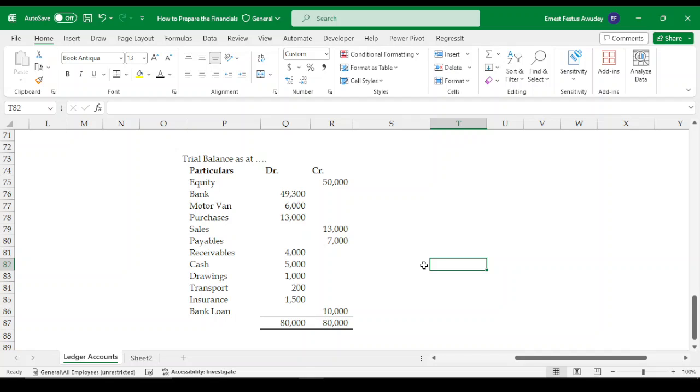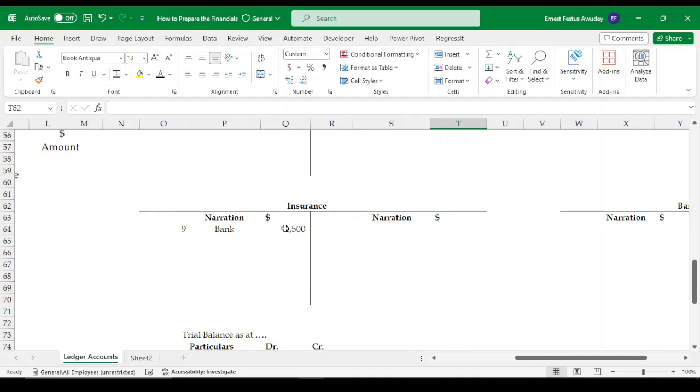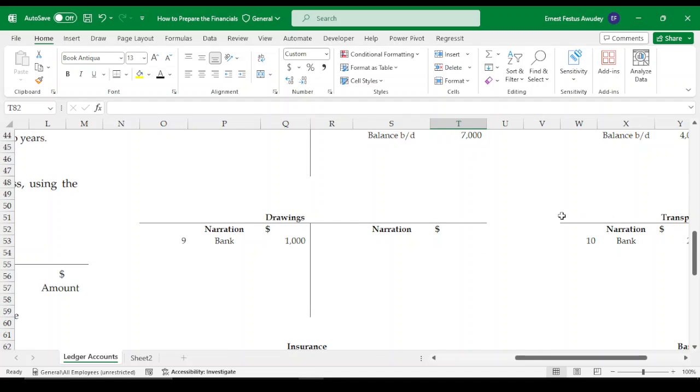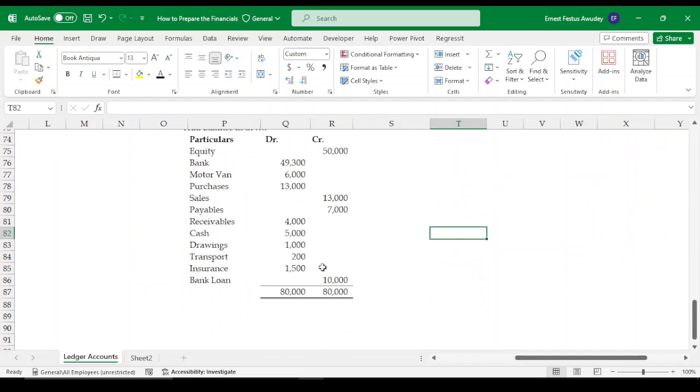Okay, there are errors that are not revealed by the trial balance, and there are some that are revealed by the trial balance where you have casting errors. That is, your additions are wrong. As I said, the double entry says that when you have a debit entry, you should have a corresponding credit entry. Okay, so when you debit only and you do not credit, the trial balance will not balance.